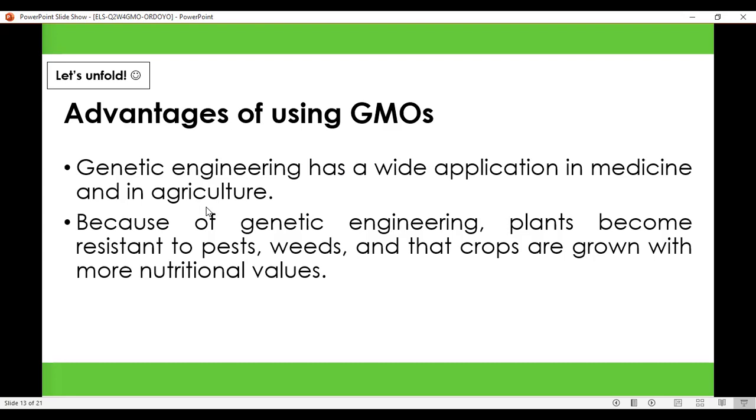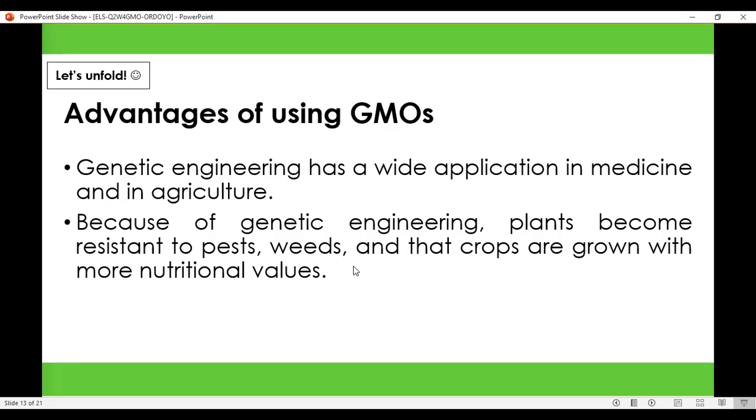As you remember the concept of insulin production, and also in agriculture, now we have crops and plants consumable by humans that are being modified. Meaning a certain trait was added which makes them genetically modified. Because of genetic engineering, plants become resistant to pests and weeds, and crops are grown with more nutritional values.